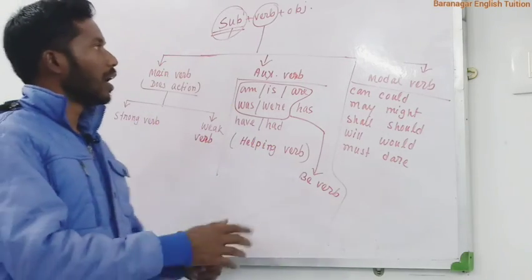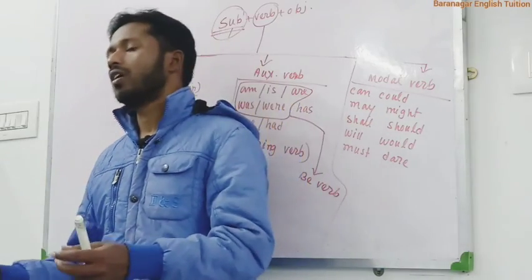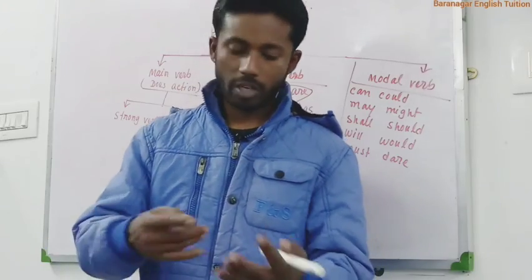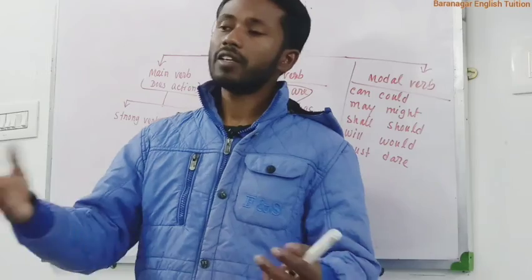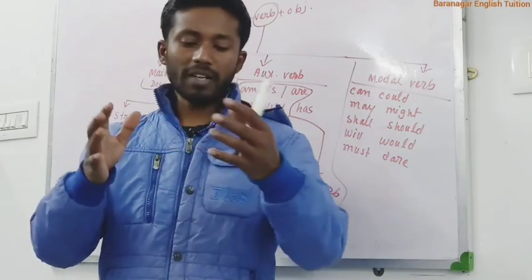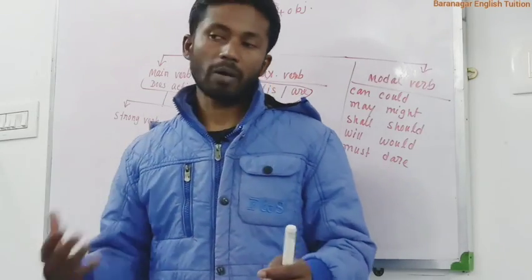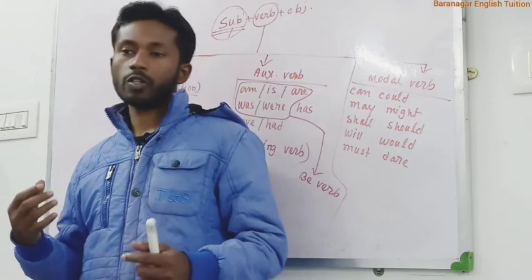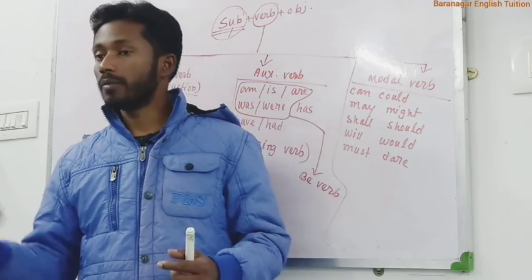Now about the object. I'm not writing anything about the object, but simply saying object can be of different types. Pronouns can be objects, any noun can be an object. You do not need to worry much about that, but just worry about prepositions. As I said, I swim in the river.